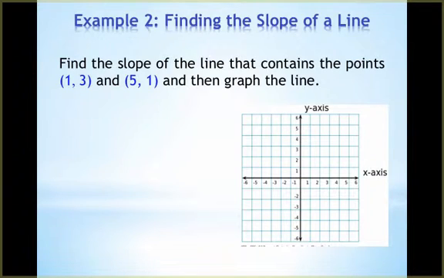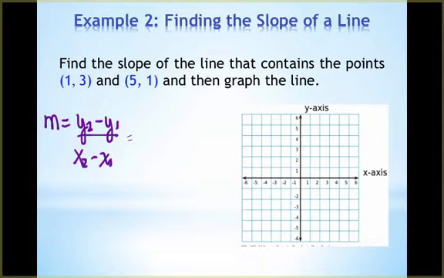Now let's do the same thing, but let's use the points 1, 3, and 5, 1. So again, my formula is m equals y2 minus y1 over x2 minus x1. So we'll make this x1, y1, x2, y2.